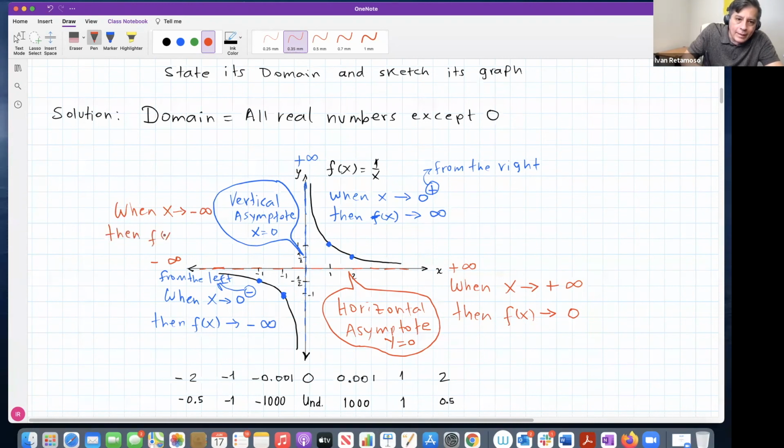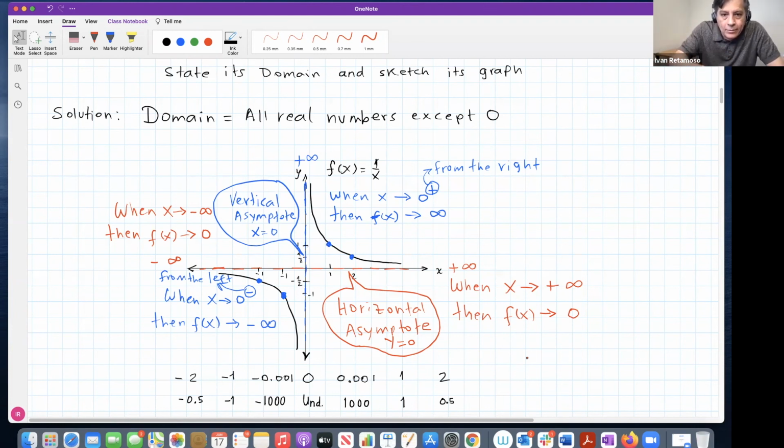If you're going in this direction, your output values are decreasing towards 0. They're never going to be 0, but they get closer and closer to 0. So it's 0. Follow, guys? All this stuff, in calculus, you will get to see in more depth when you talk about limits, but try to build up the idea there.